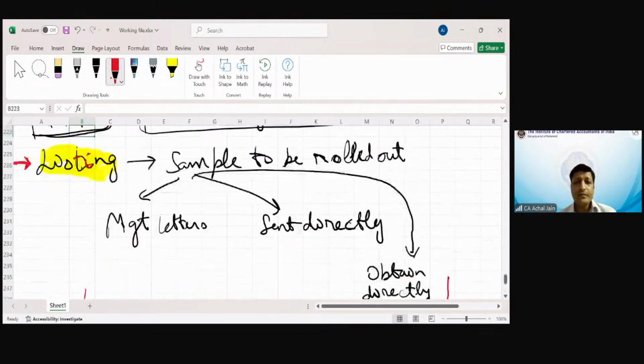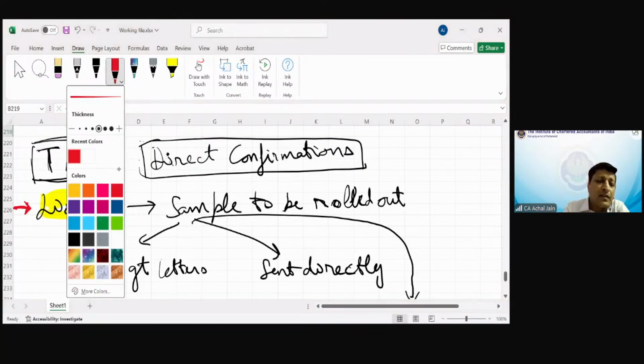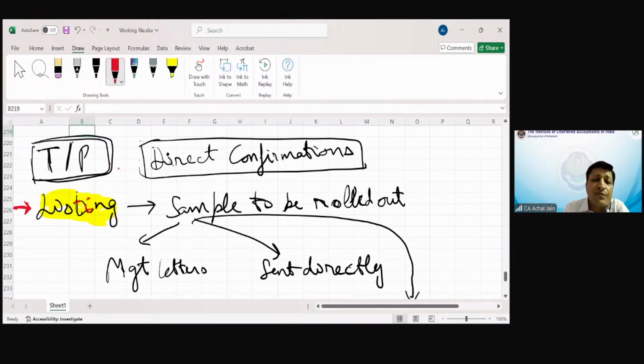Further, if we talk about trade payables, once again, please remember, as far as confirmations are concerned, procedures will again be of two categories. One is the one which the auditor will perform.